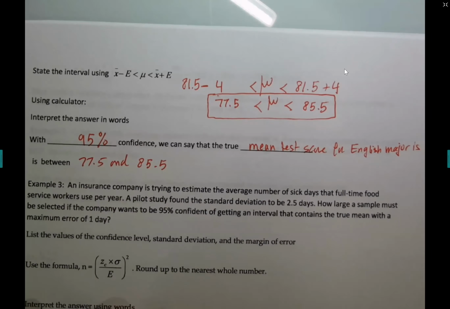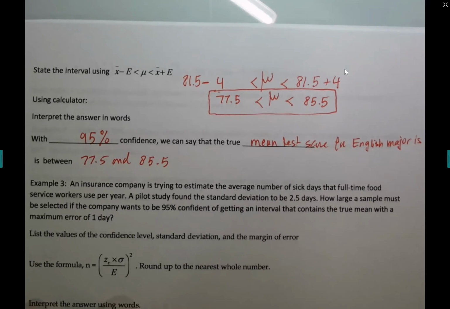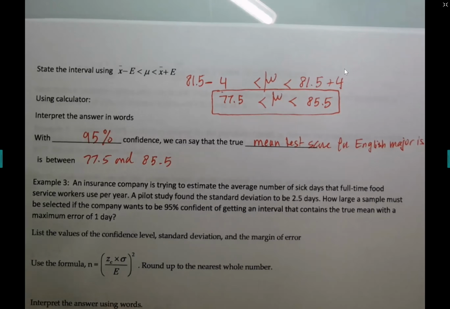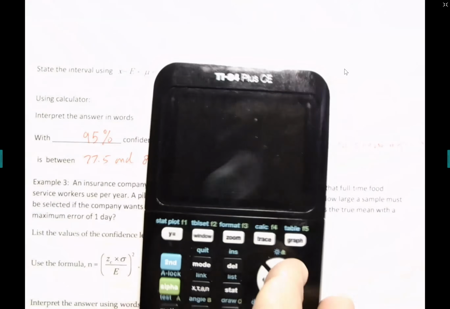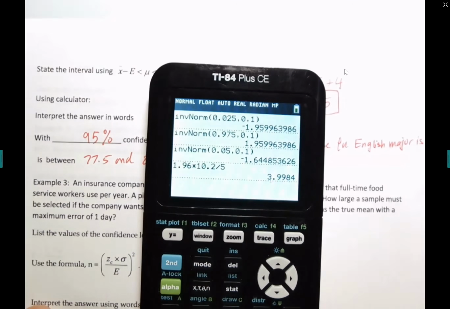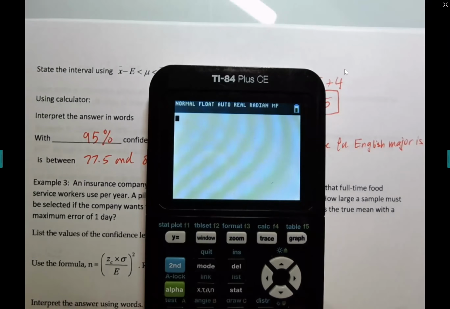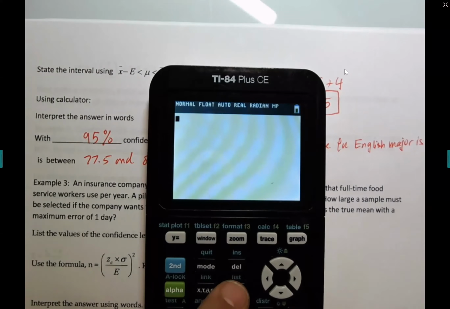I think probably, guys, you're curious to see how we can use the calculator to find this. So you're ready? All that work that we have done, we could have done it in less than 1 minute using the calculator. So get ready. We're going to clear the screen. We're gonna press the stat key.